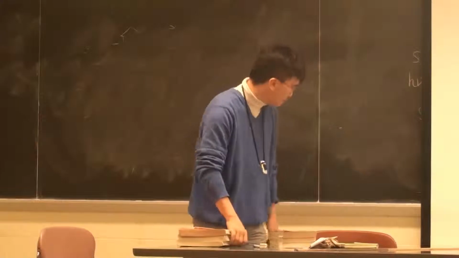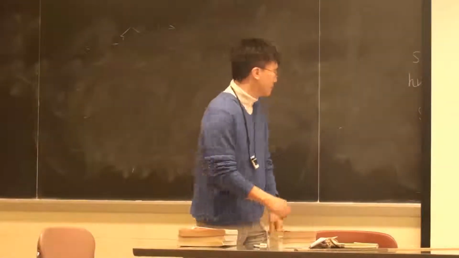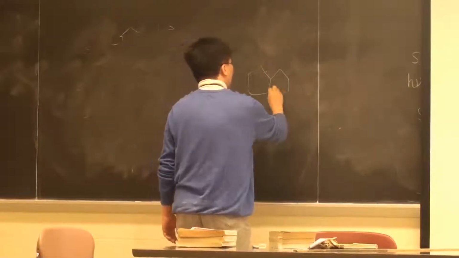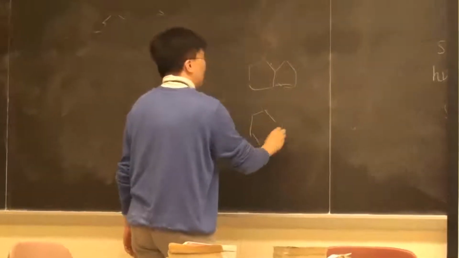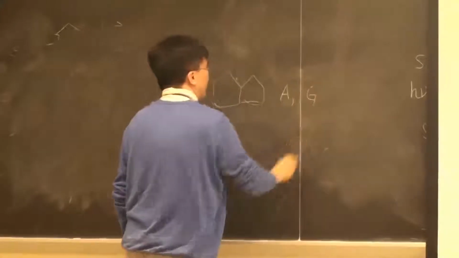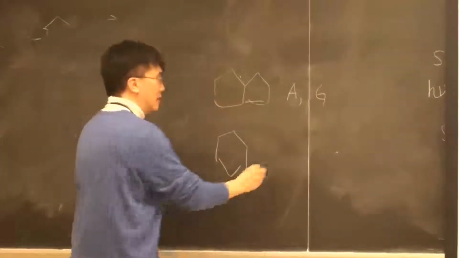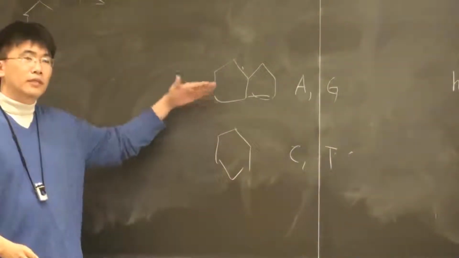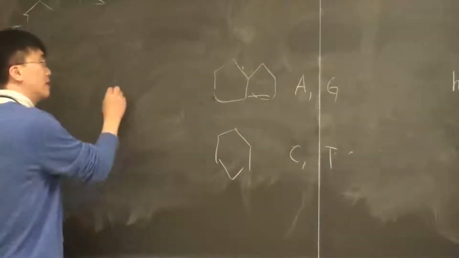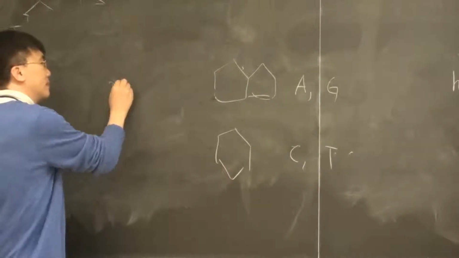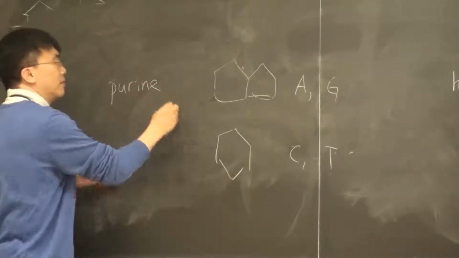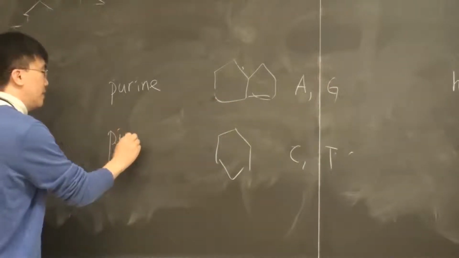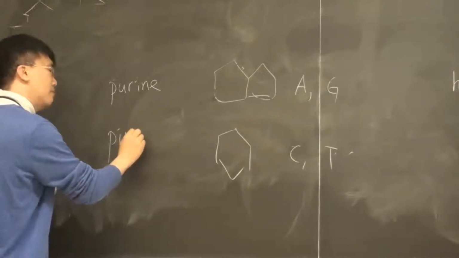In terms of base, A and G are large. They have two rings, and C and T have one ring. One is large, the other is small. If you combine the two as a group, you call them purines, and this is called pyrimidine.